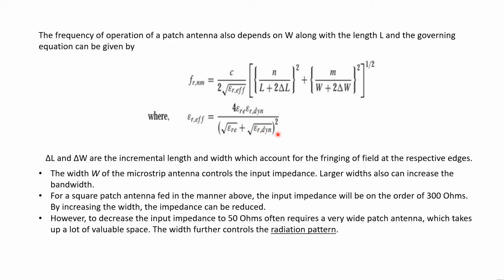Here delta L and delta W are the incremental length and width which account for the fringing of field at the respective edges, and the other notations are general ones.